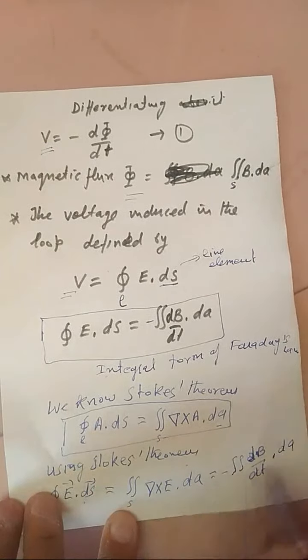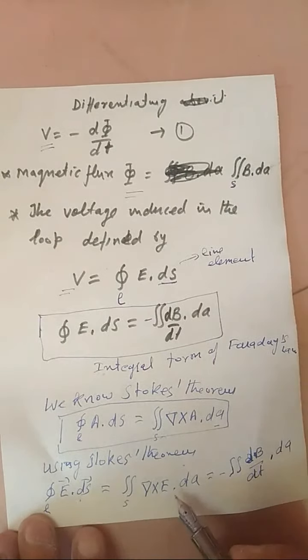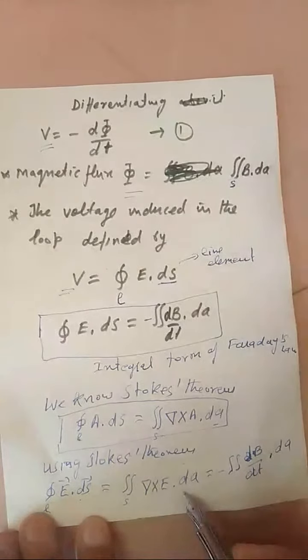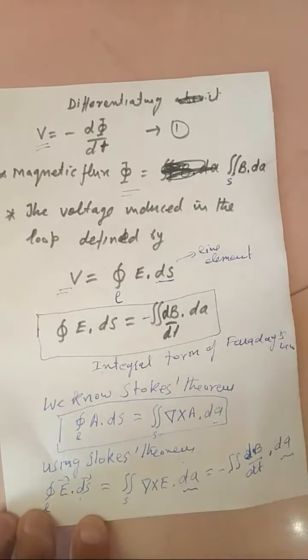Now by using Stokes theorem, both sides have the same type of integral. Both sides have a surface integral, integrating over the same area and the same area element.